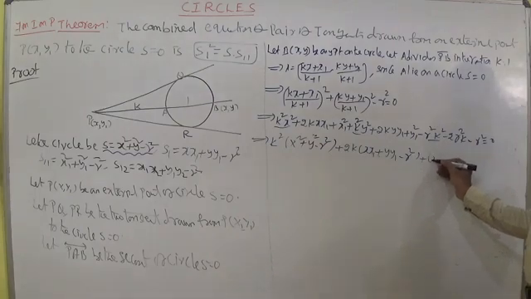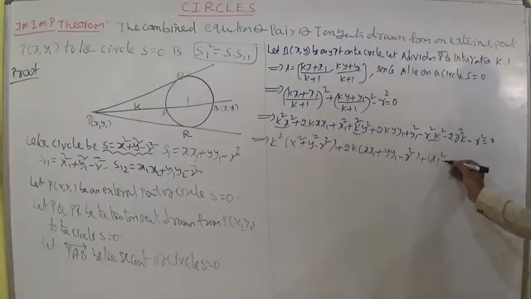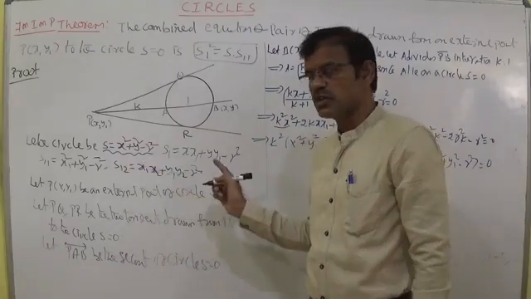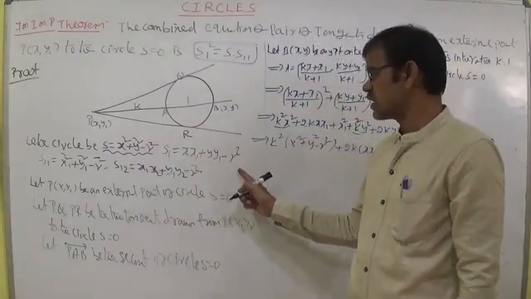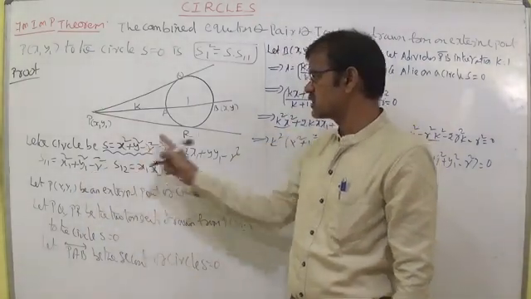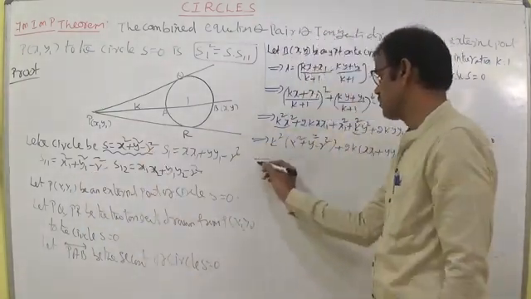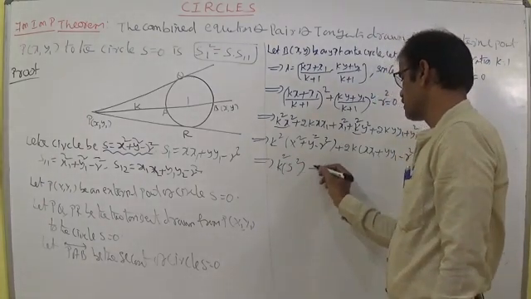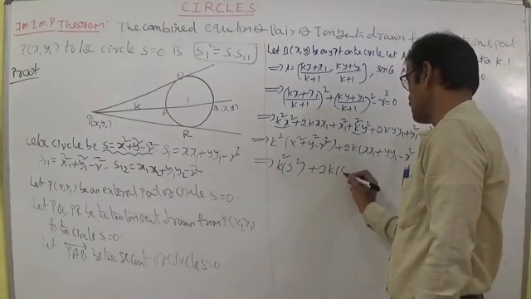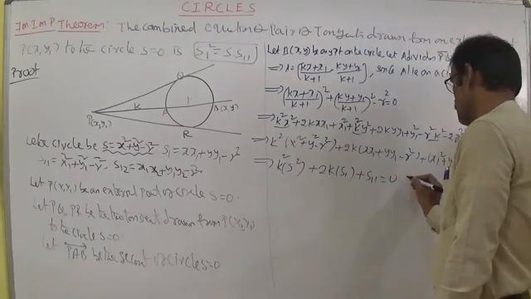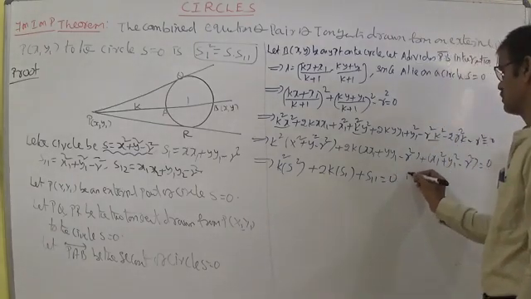Later you can write without common, x1 square plus y1 square minus r square equal to 0. For this one only I had written every notation here. xx1 plus yy1 minus r square is equal to S1, x1 square plus y1 square minus r square is equal to S11, and S is equal to x square plus y square minus r square. That implies you can write k square S plus 2k S1 plus S11 equal to 0. Put it a name, 1.